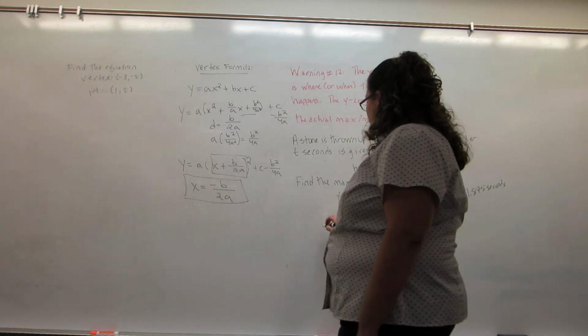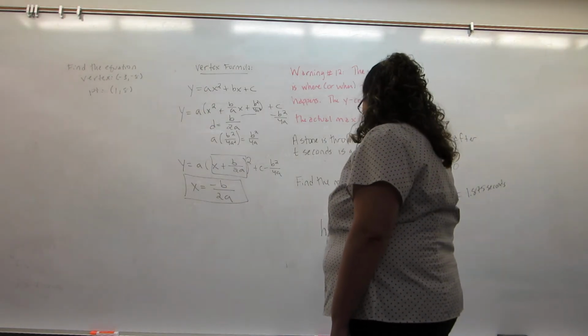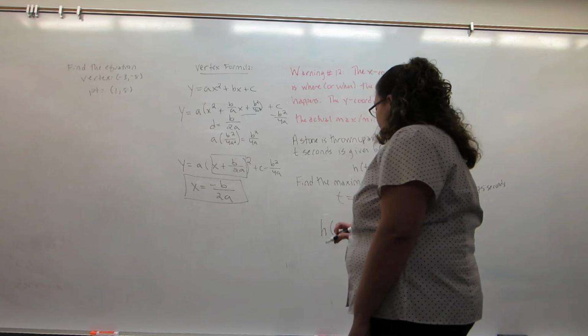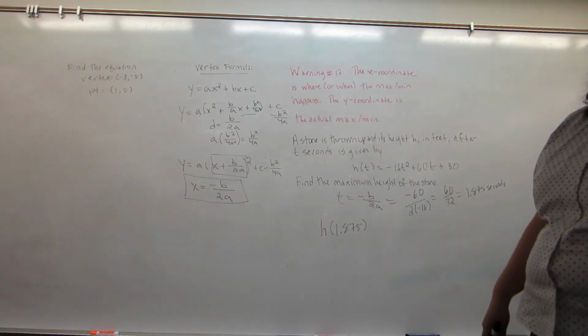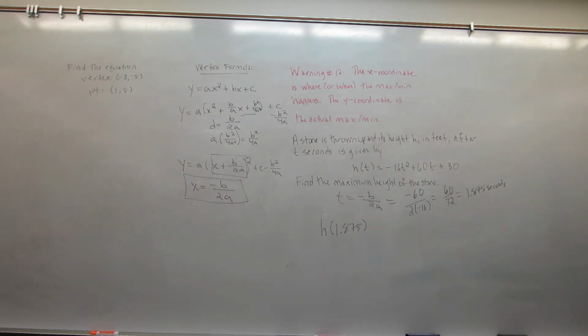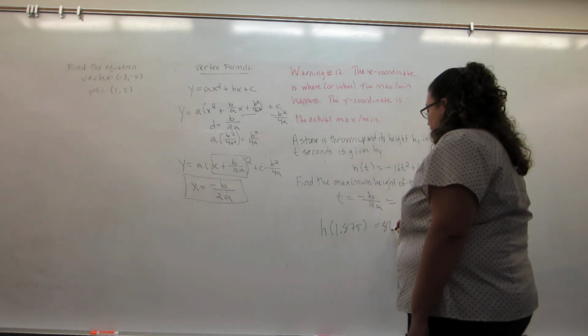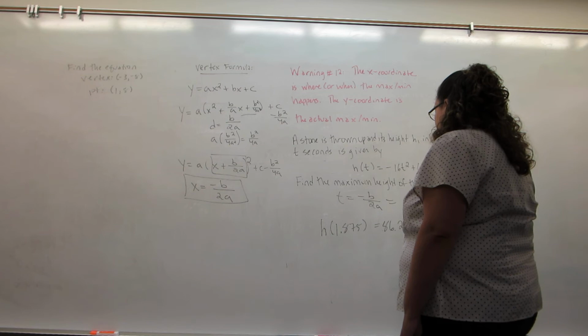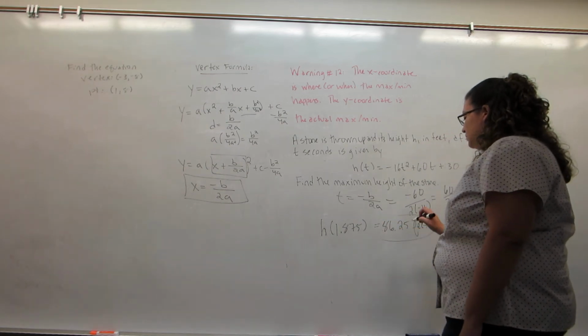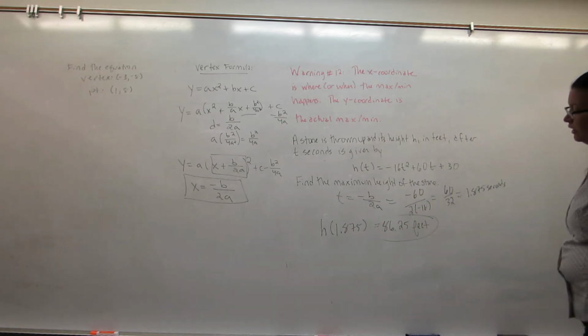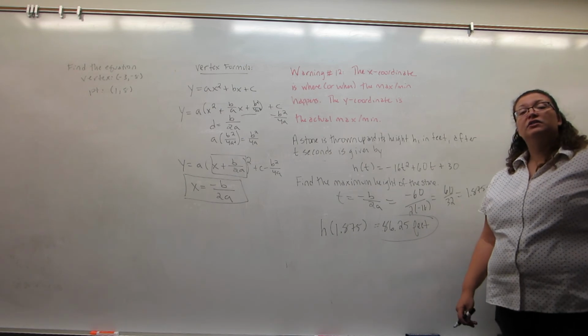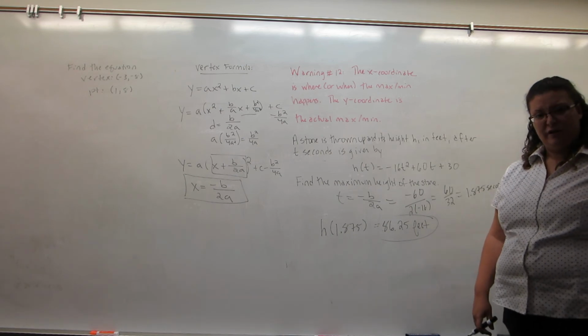To find that, I'm going to take h of 1.875. Now, I'm going to explain to you a little bit of a trick. The answer to this is 86.25 feet. Don't forget the units on a word problem. The trick I use to get this is to use the table feature of your calculator.